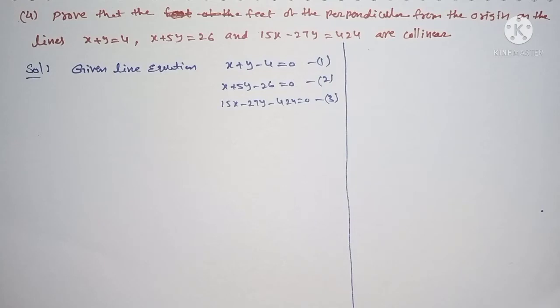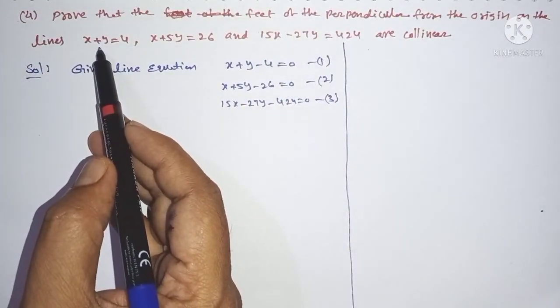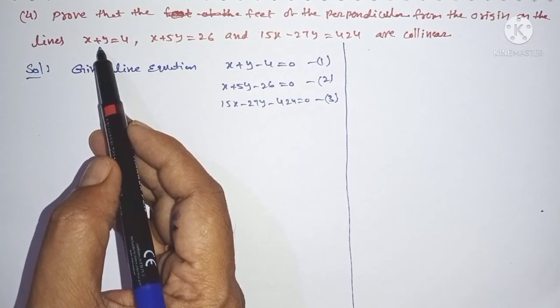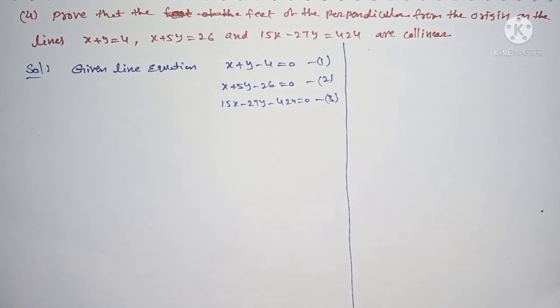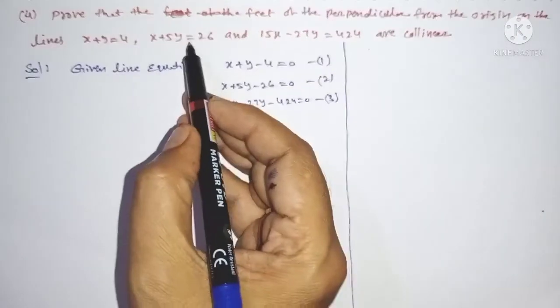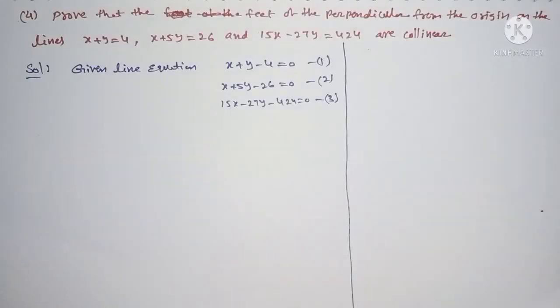Therefore, to show it is collinear, you can find the 3 points first of all using the origin 0 0, and the first line A is the foot of perpendicular. You can write the formula, apply the formula and you get the answer. Second one also and third one also. This is the method. I can find the 3 points, take any 2 points, find the line equation, substitute the third one, and if it is satisfied, then you can say that it is collinear.